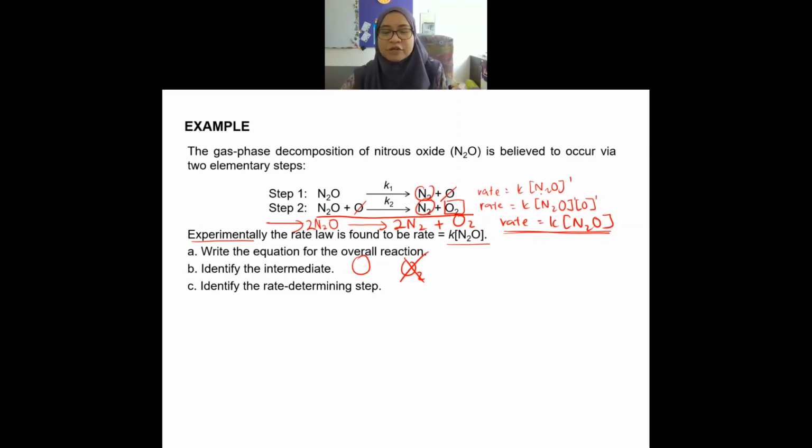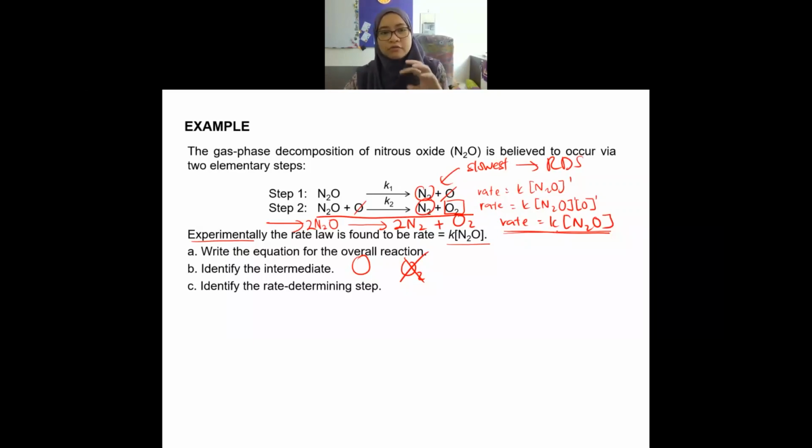So when this is the same, that means we could say that step number 1 is the slowest. When it is the slowest, it is the RDS step, the rate determining step. Okay, understand? That is how we determine it.